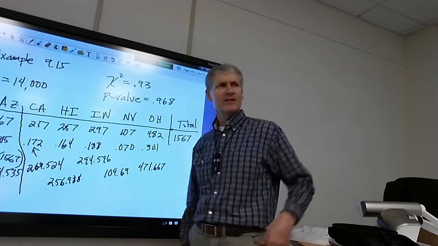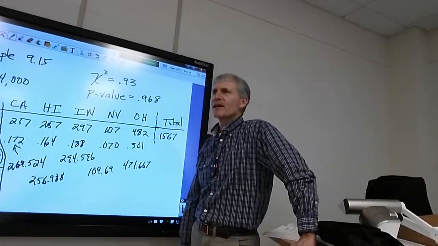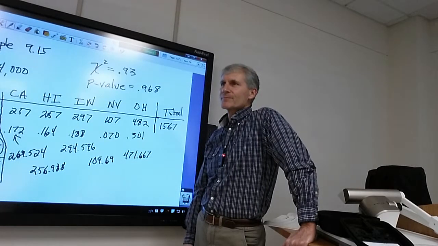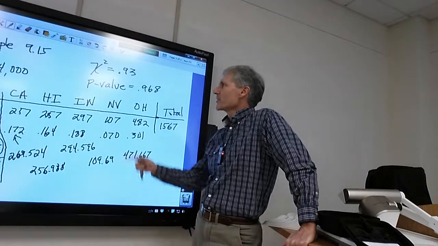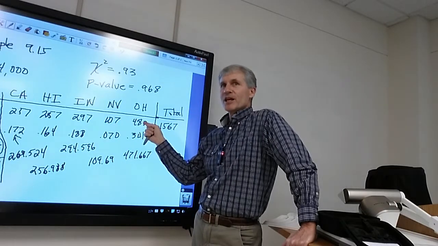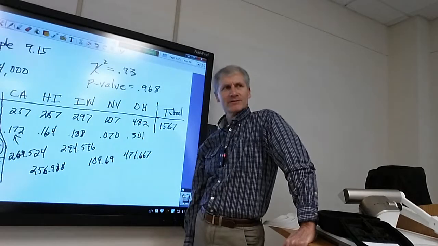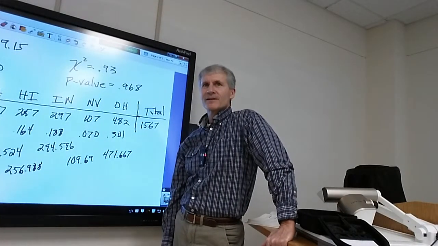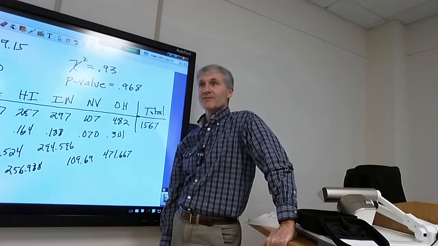Right? Now what is the p-value again? I always forget that. Okay. Probability we could get results like we got, the observed results, if the null is true. Now what's the null? That it's a good fit, right?